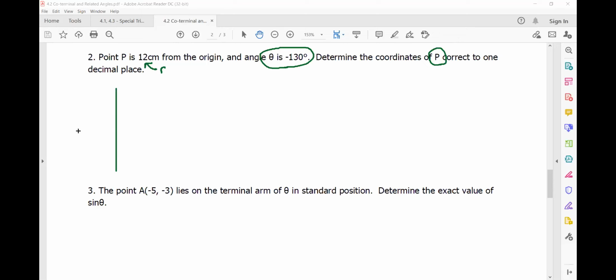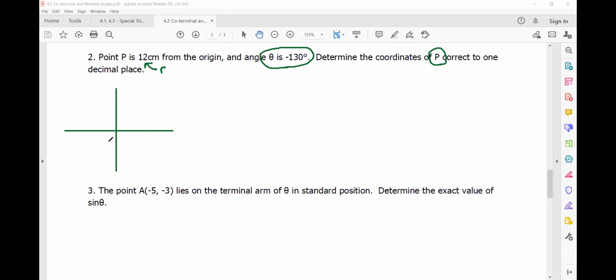Let's start by drawing with a different color. An angle of negative 130 degrees means I'm going in this way, right? Remember, each quadrant is basically 90 degrees. So if I go negative 90 degrees, I have to go only an extra negative 40 degrees.